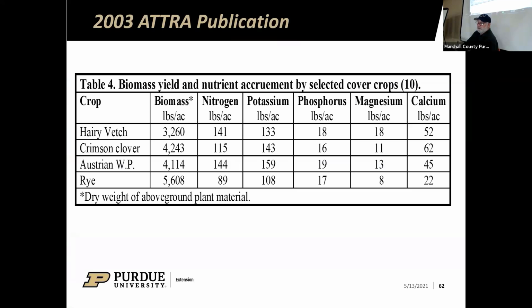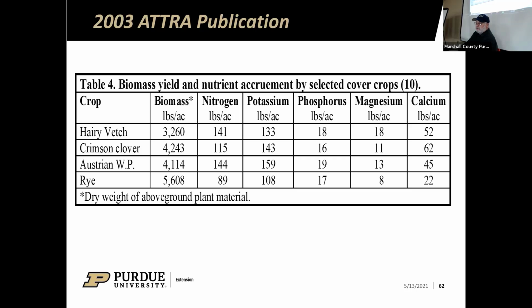This is just showing some nutrient levels of the various crops as they grow and capture nutrients that can be released back to our plants. They can help with removing some phosphorus. This is magnesium, which is, again, a macronutrient, and calcium, and potassium presence in those crops, in addition to nitrogen.